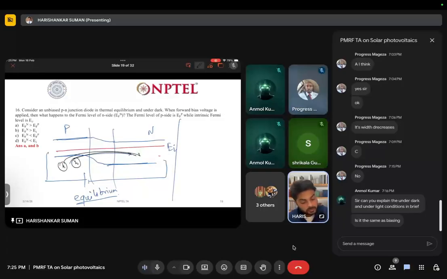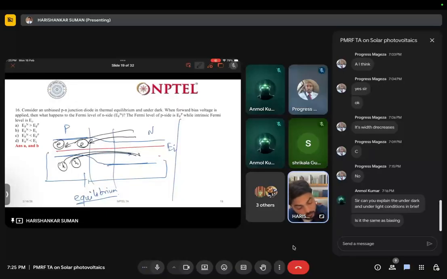And similarly electrons come to the p side. Up to here, is it clear to you?